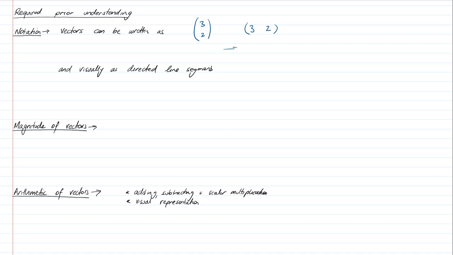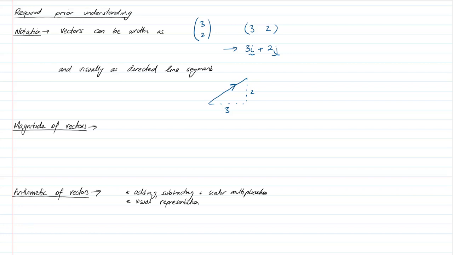Or you might recall writing them down as 3i plus 2j, so vectors split up into their components, i and j being the unit vectors in different directions. They're usually drawn visually as line segments in 2 dimensions for 2D vectors or 3 dimensions for 3-dimensional vectors. So that will be the line segment that is 3, 2, representing that vector 3, 2.